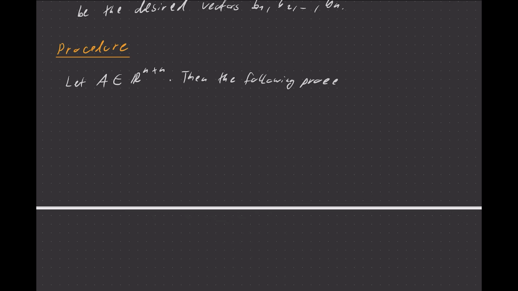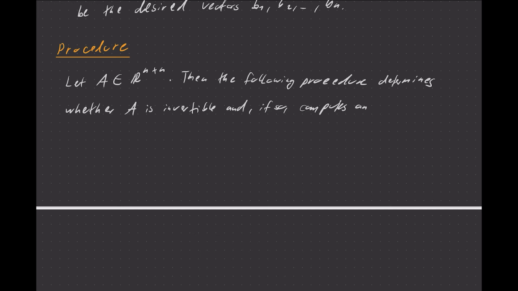So the following procedure determines whether A is invertible, and if so, computes an inverse. And the procedure works in the following way.